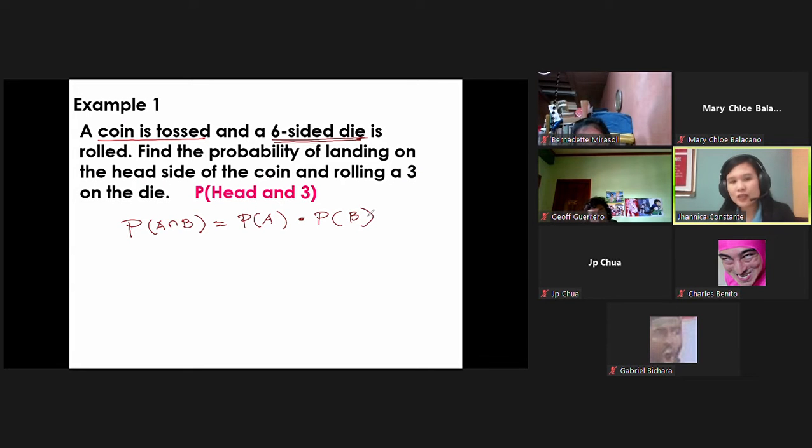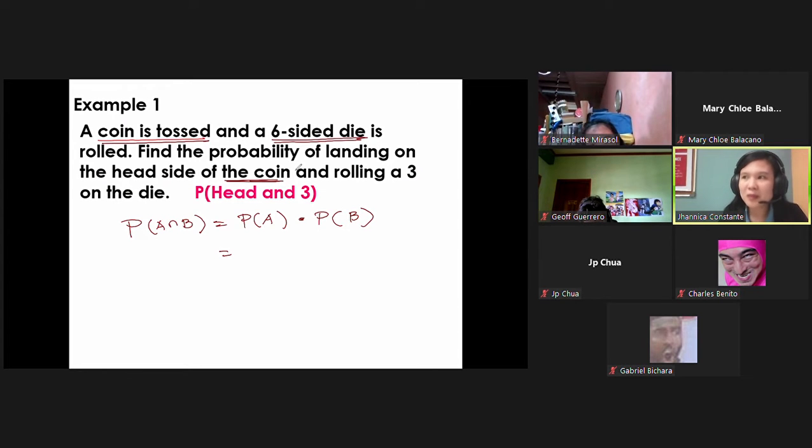To find the probability of our independent event, we need to know first the probability of your first event. So go back to your first event, which is tossing a coin.